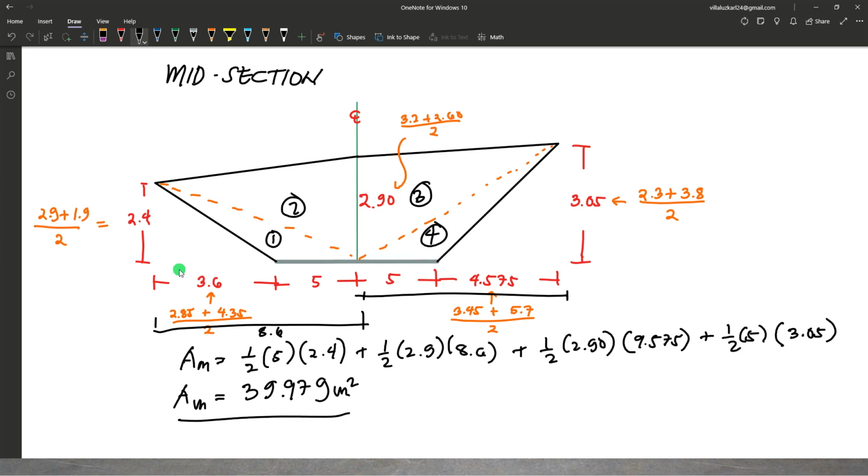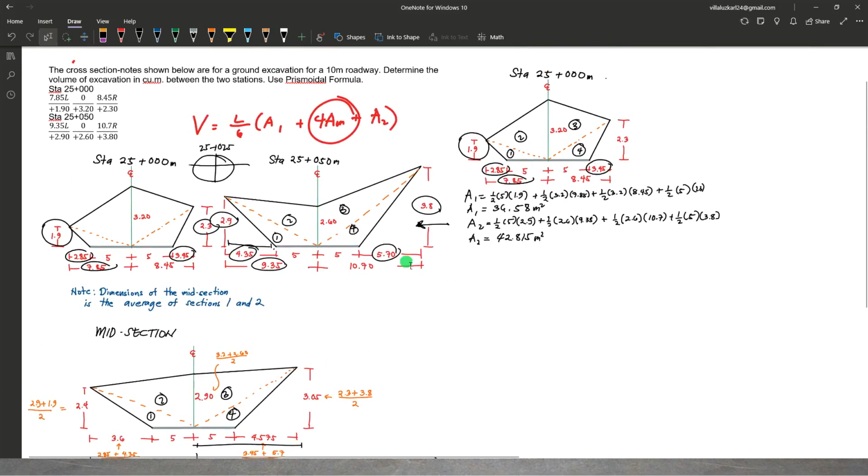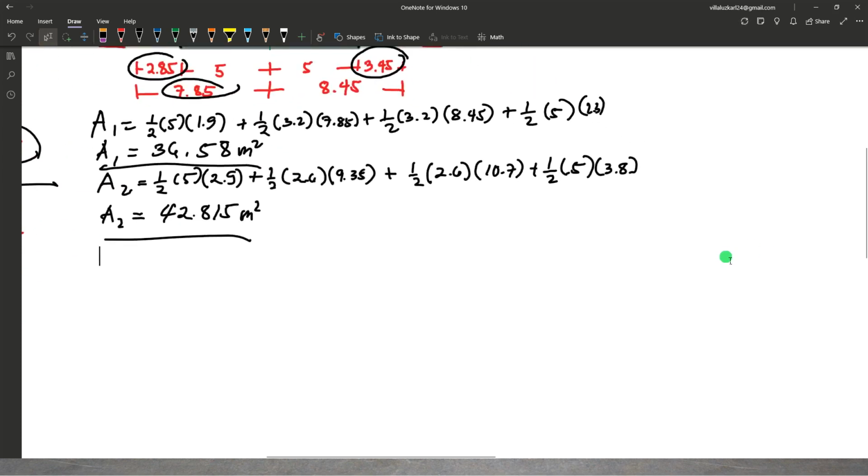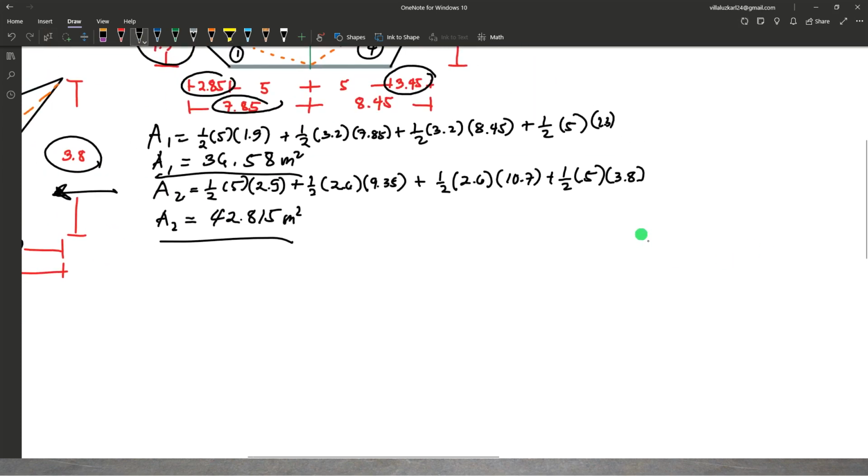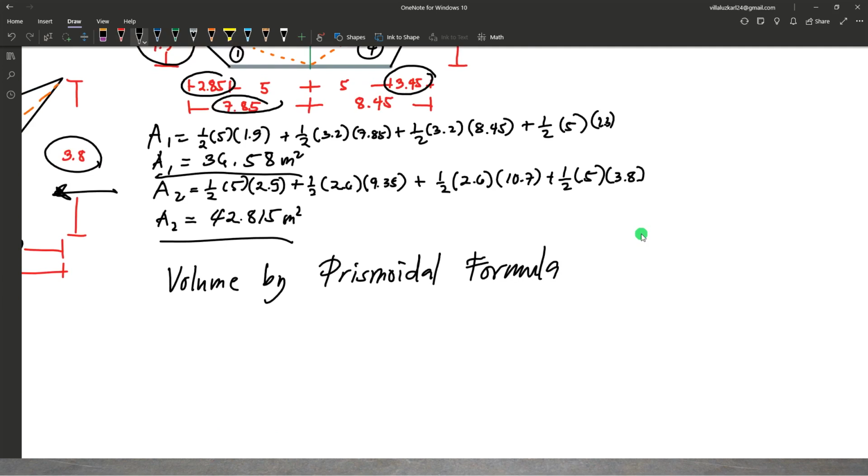We are now complete in areas: the area at the middle, the area at the first, and the second station. So we can now apply the volume by the prismoidal formula. V equals L over 6 times area 1 plus 4 area middle plus area 2.